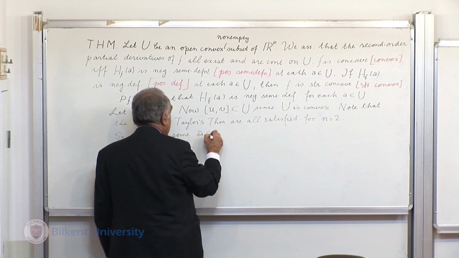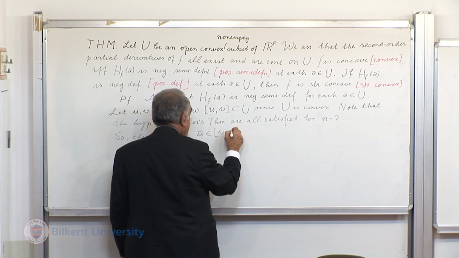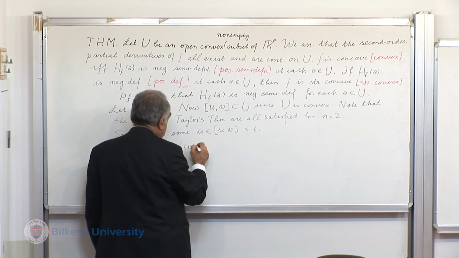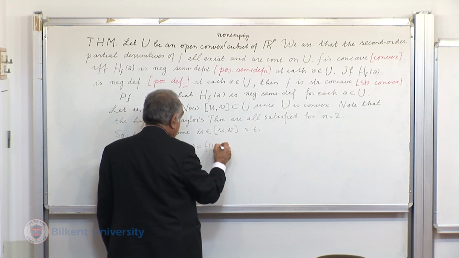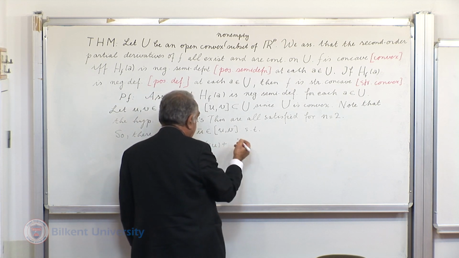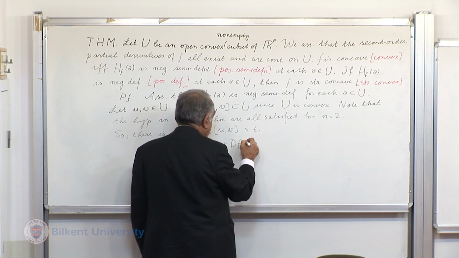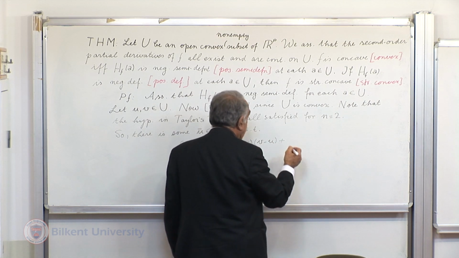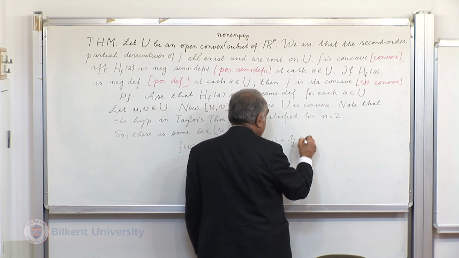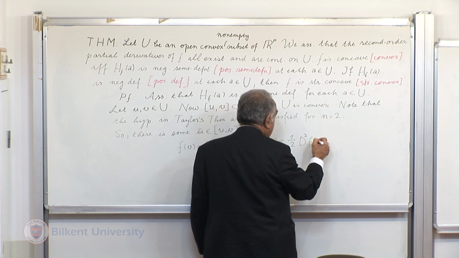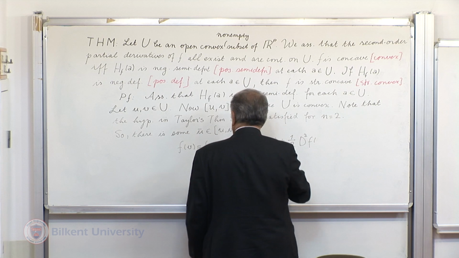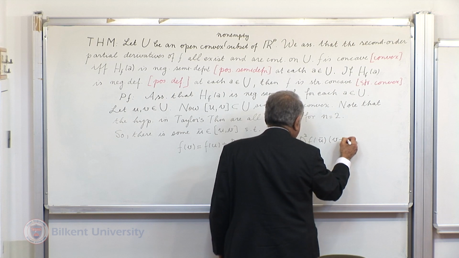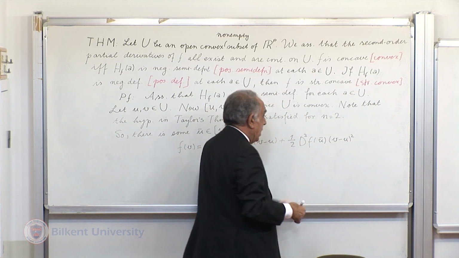u bar in this segment uv, such that we have f of v is equal to f of u plus, well, 1 over 1 factorial, but we don't write that, df u at v minus u, plus 1 over 2 factorial, that's 1 over 2, the second derivative of f at u bar, and here we have v minus u comma v minus u.